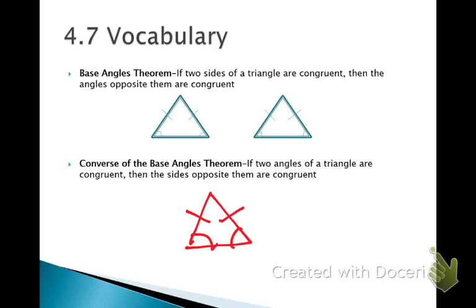They're interchangeable. And if you can't remember which is the converse and which one is not, just write in your reason, opposite angles congruent, comma, opposite sides congruent, in that order for the second one. And then that'll be fine.